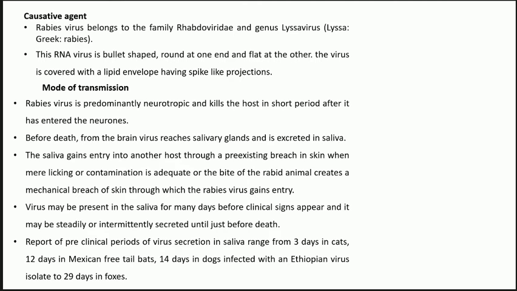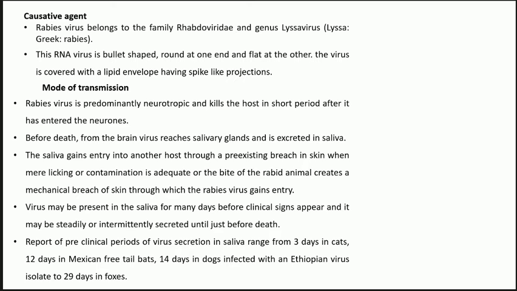Before death, from the brain the virus reaches the salivary glands and is excreted in saliva. So excess saliva is secreted in animals or humans, and because of this excess saliva, this disease may get transmitted.